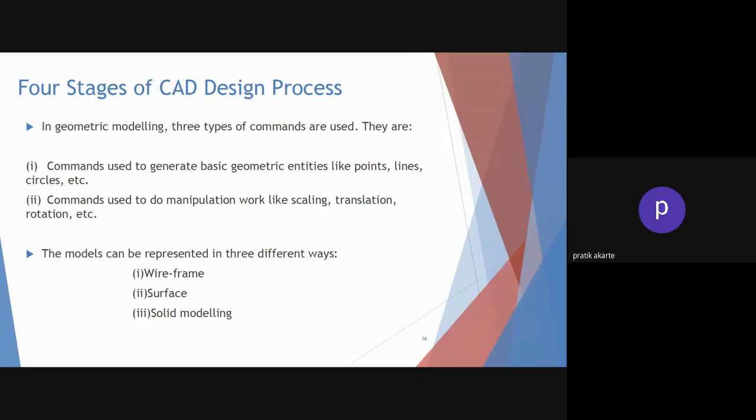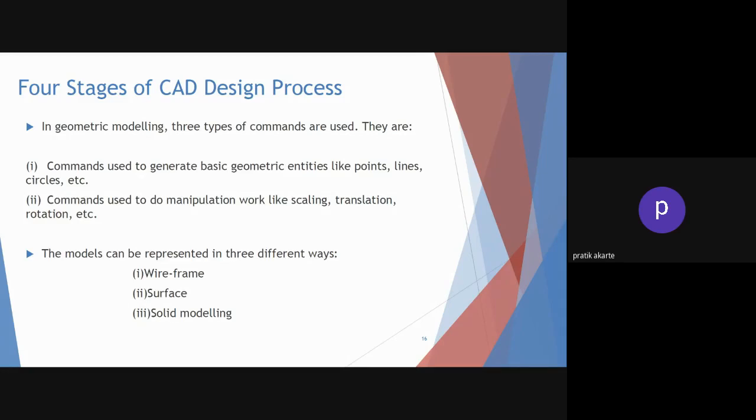So what is wireframe modeling? Every 3D modeling software consists of these kinds of models. Wireframe modeling means the model is represented in the form of a mesh. These are generally used for the analysis of aerodynamic structures.